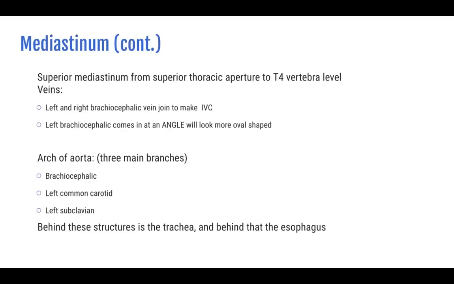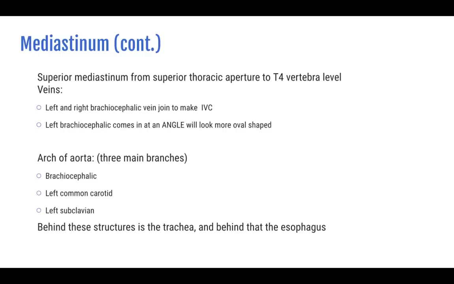To identify which vein it is, it'll look like it's coming in an oval shape at an angle as it joins with the right brachiocephalic vein to make the superior vena cava.